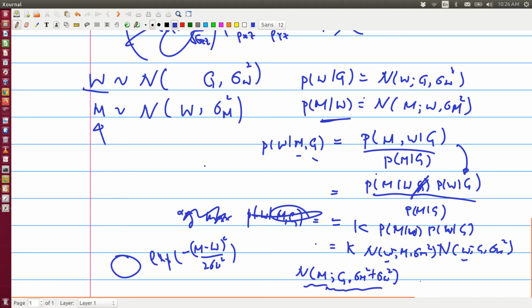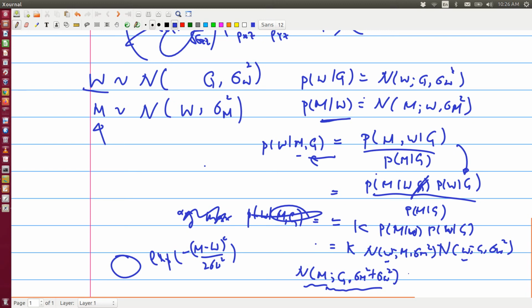Everything on the left hand side here should normalize. If I normalize over W, it should normalize to 1. Let me just complete this, then it becomes more obvious.